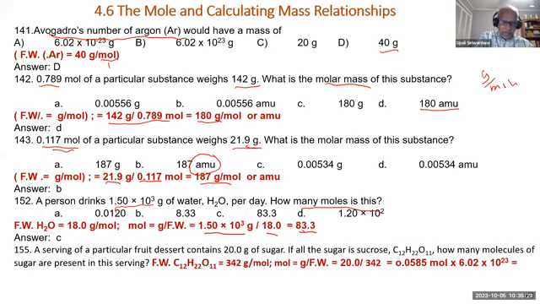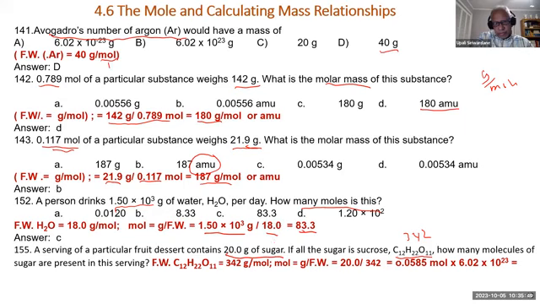A serving of a particular fruit dessert contains 20 grams of sugar. Sugar is sucrose, C12H22O11. We said formula mass is 342. We calculated it before. How many molecules of sugar are present in the serving?